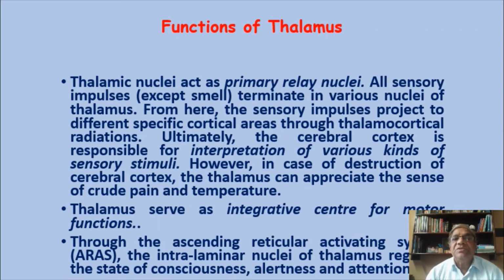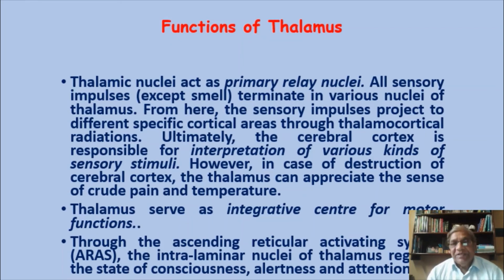Its function is just to relay. All sensory impulses except smell, which comes indirectly, otherwise 100% of sensory impulses come to the various nuclei of the thalamus. And that's why there were so many subdivisions of nuclei.